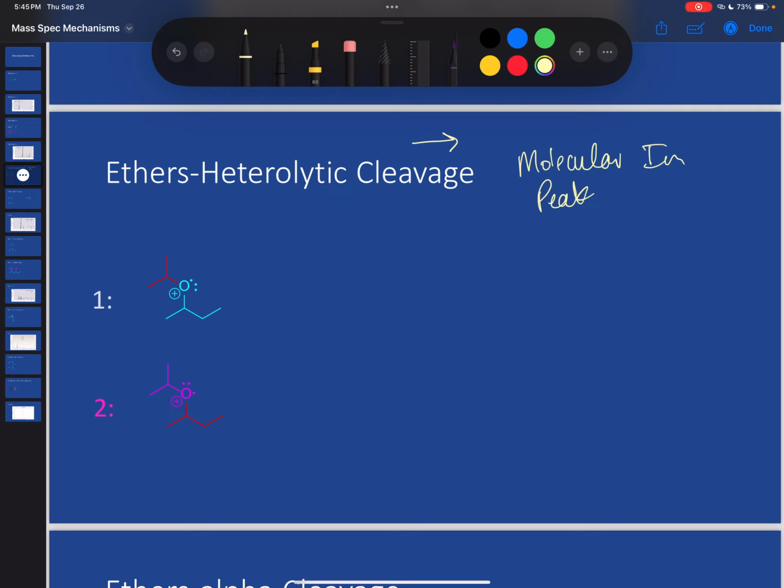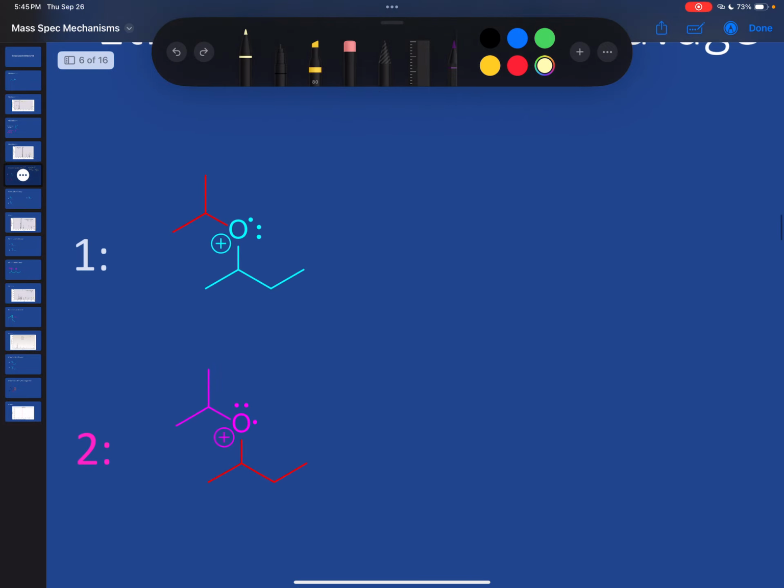Your molecular ion peak is going to have a mass to charge ratio equal to the molar mass of the compound, all right? Now, what I'm showing you here is the molecular ion that forms, okay? We always have to ionize our structure before we can start fragmenting. So the very first thing I would want to know is what is the mass to charge ratio of this structure. So let's go ahead and figure that out first.